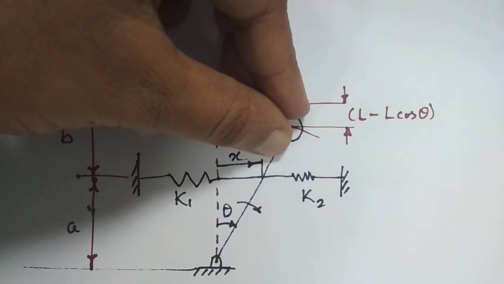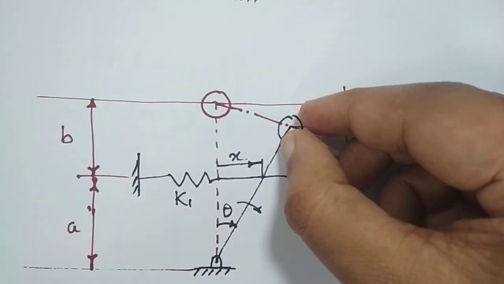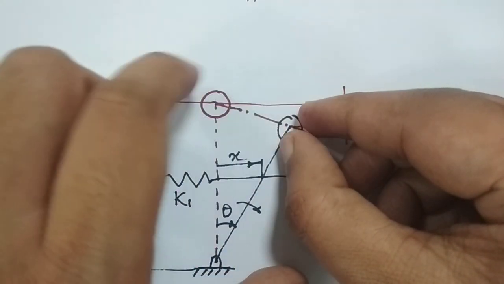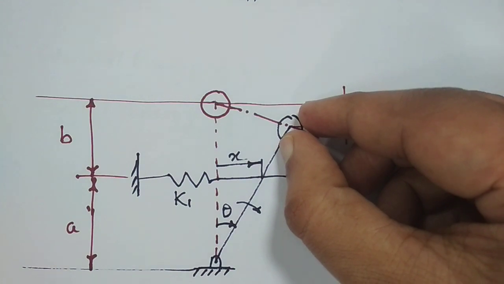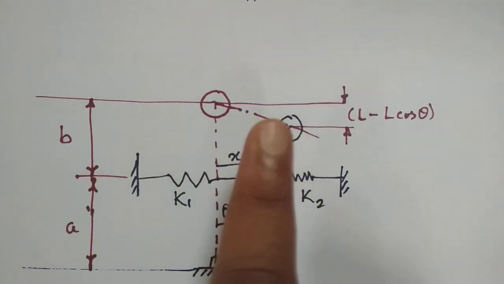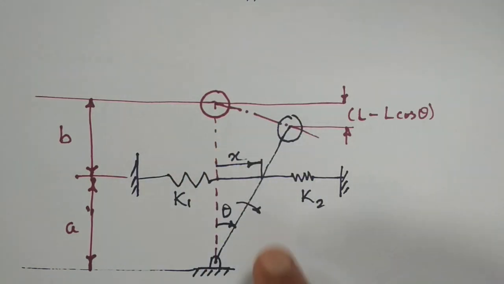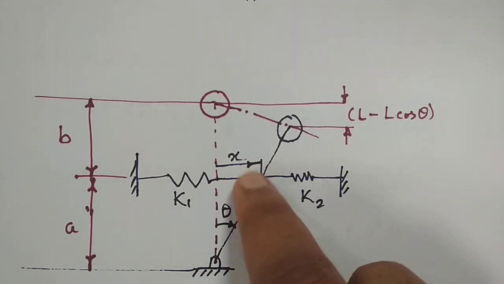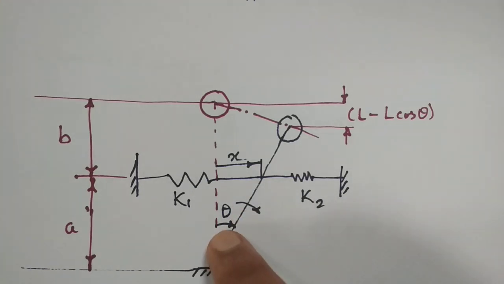Keep in mind, both springs get deflected. Now, as the mass is held with initial displacement, initial excitation is provided and released, what will happen? Vibrations will occur in the pendulum, and that causes the deflection. This distance x will cause an angular deflection, that is, the angle theta.